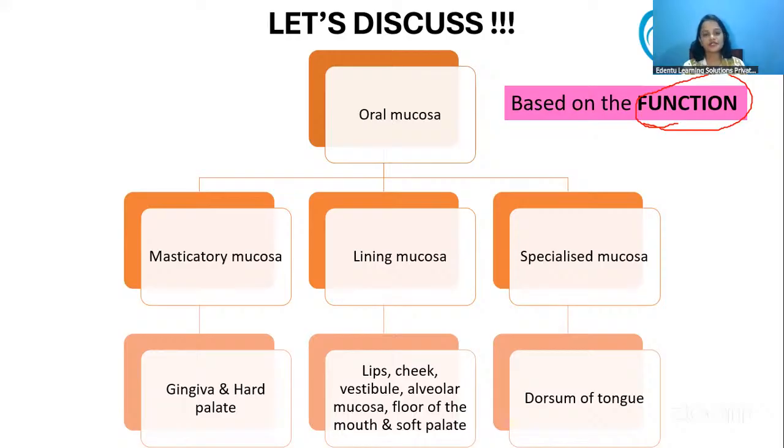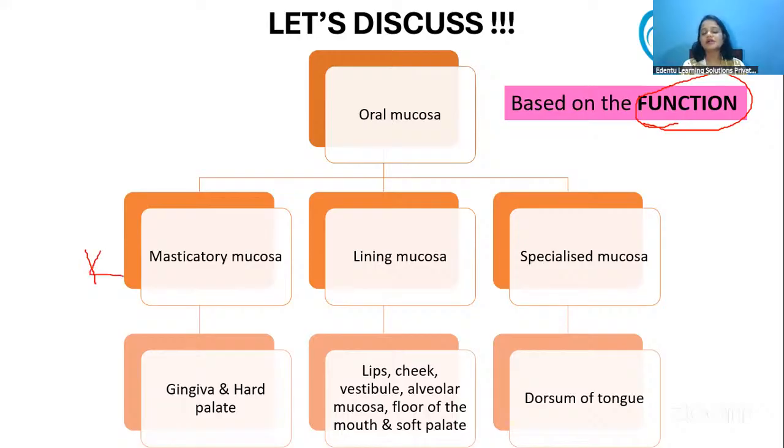The masticatory mucosa is present in the gingiva and hard palate, where the main masticatory forces are transferred. That's why the masticatory mucosa is keratinized in nature.